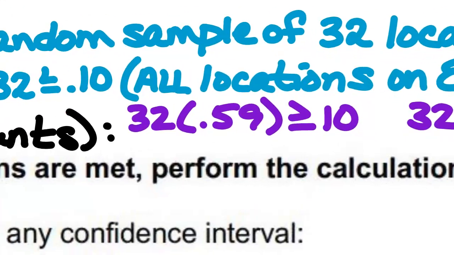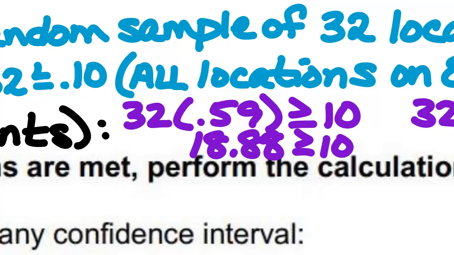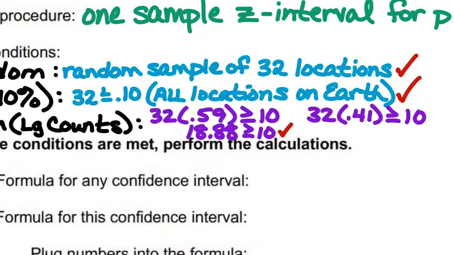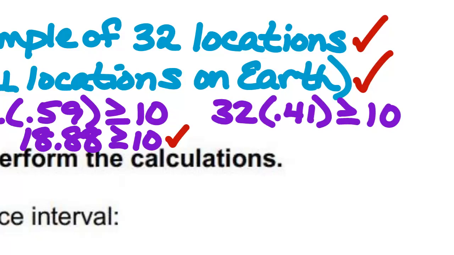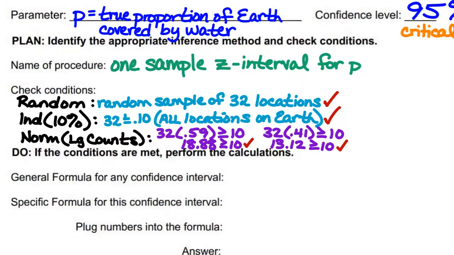What is 32 times 0.59? 18.88, greater than or equal to 10, so we're good there. And 32 times 0.41, you said 14.12? 13.12, thank you. That is greater than or equal to 10, so we get that.